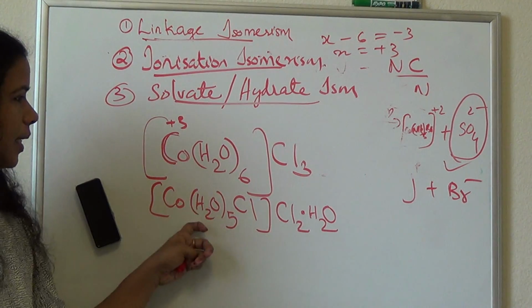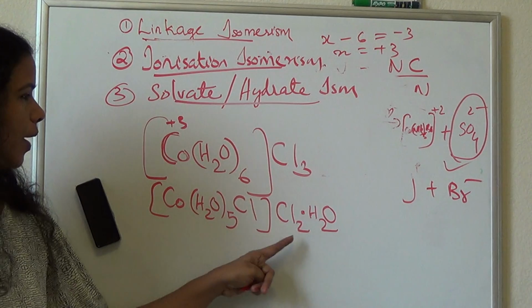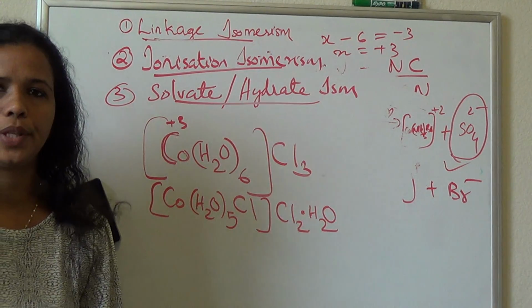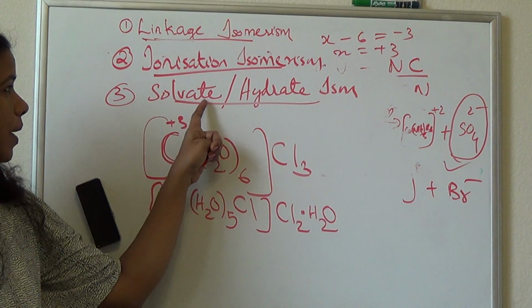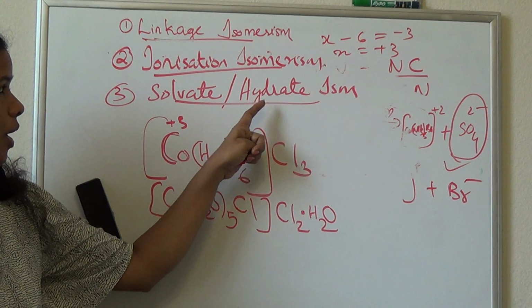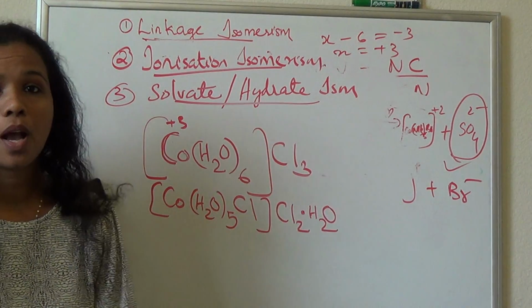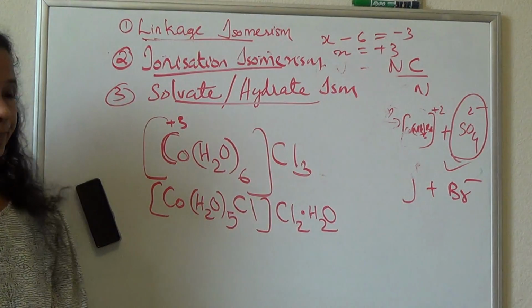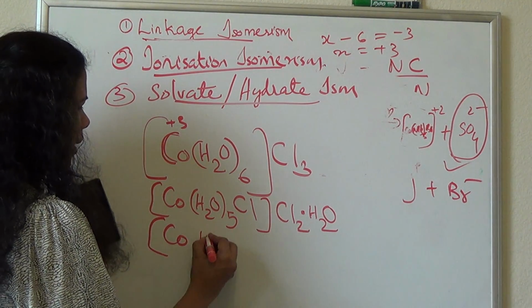So these two have the same molecular formula. They differ only in the water molecule inside and outside of the coordination sphere. That type of isomerism is called solvate. We are always using water as the solvent, that is why it is called hydrate isomerism. So you can write more examples using the same formula.